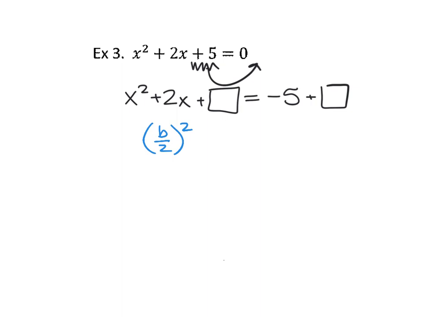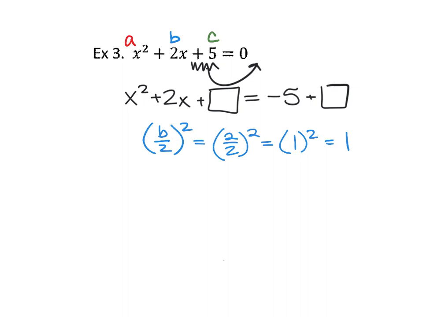In linear equations, yes, your y-intercept, but in quadratics, isn't this usually a, b, and c? So we're going to use that b term and plug it into this formula. So we'd have 2 divided by 2 squared, because that's b right there. 2 divided by 2 is 1, and 1 squared is 1.